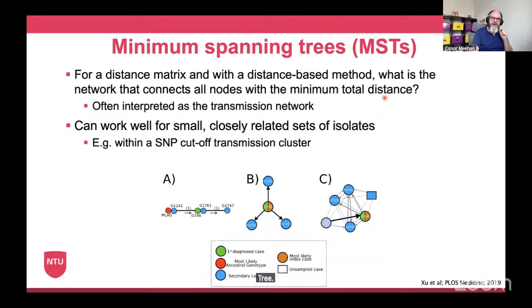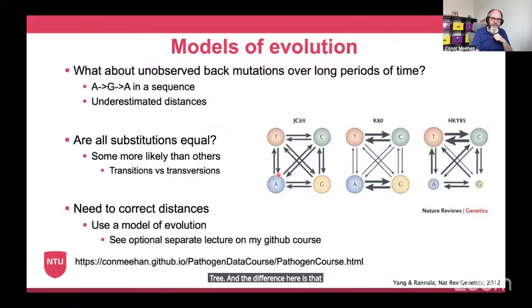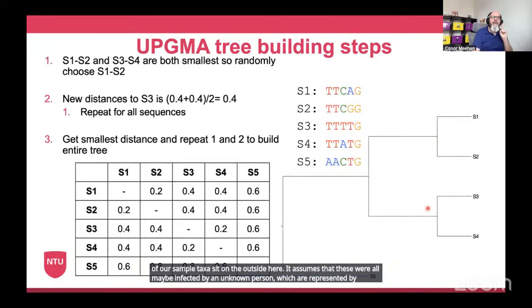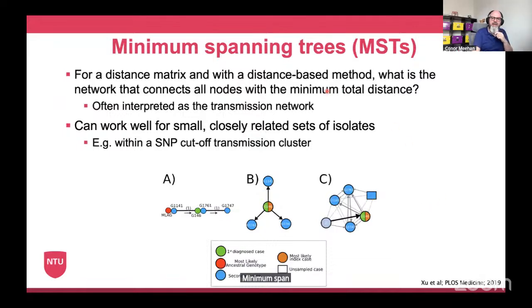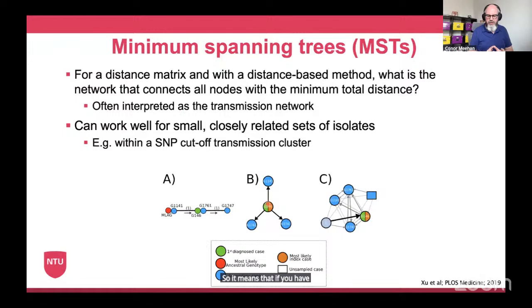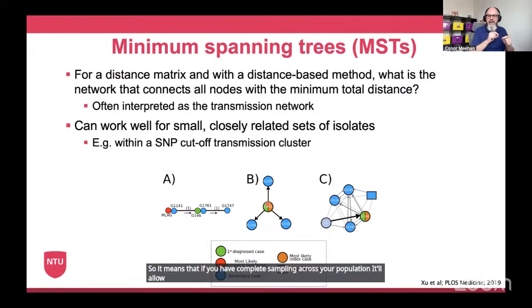And the difference here is that sample taxa, so if we go back here, all of our sample taxa sit on the outside here. It assumes that these were all maybe infected by an unknown person, which are represented by these internal nodes. Minimum spanning trees are really useful because the samples that you take can also be nodes in the network. So if you have complete sampling across your population, it'll allow you to see maybe who was the ancestor of who else, and it can really help with those kind of ones.